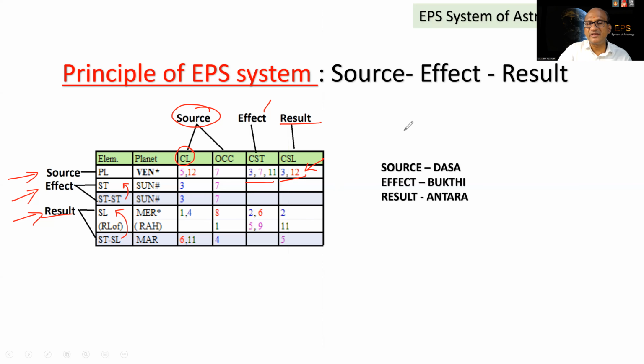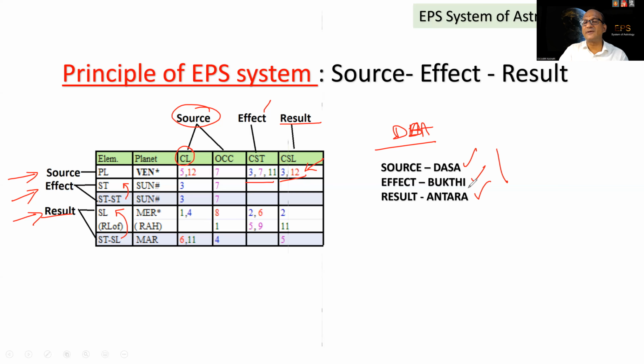Similarly for DBA predictions, Dasa, Bukti, Antara predictions for a native, Dasa is the source, Bukti is the effect, and Antara is the result. The same way we have to follow. We should not take that one planet is signifying so many houses. We cannot expect one planet as a Bukti lord to give similar results or similar significations under all the dasas.